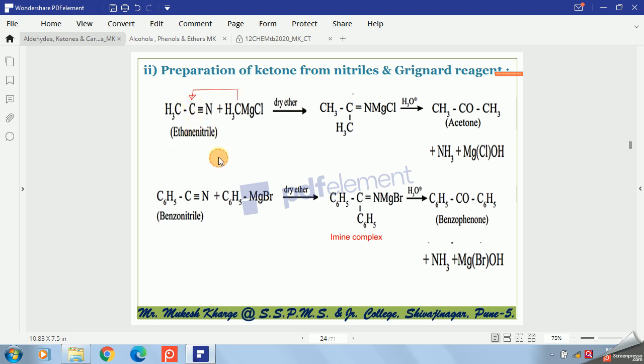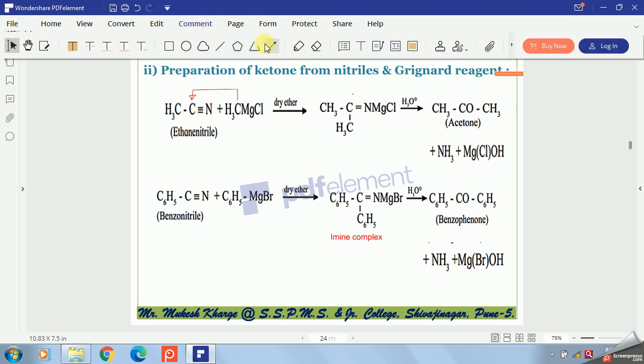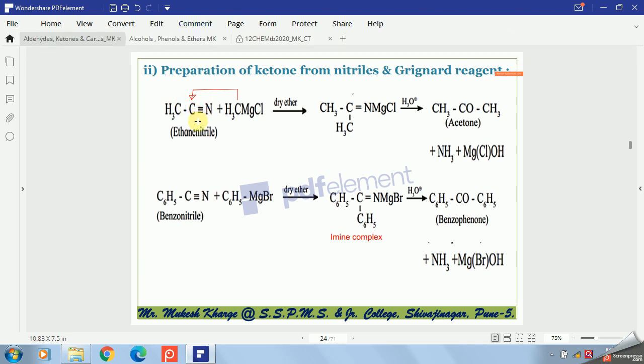Okay, so CH3 is the negative part, it will attach to the carbon of the cyanide group, and MgCl, which is the positive part, gets attached to the more electronegative nitrogen. So this triple bond gets converted to a double bond like this.